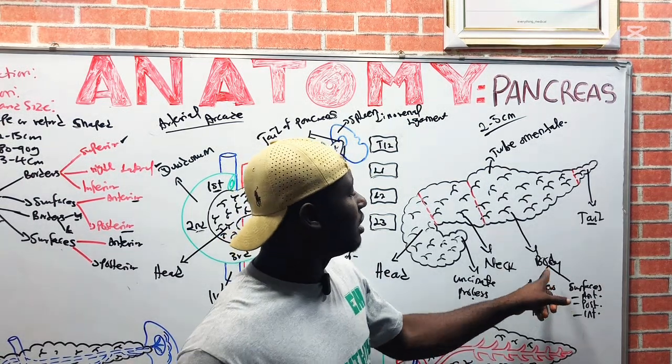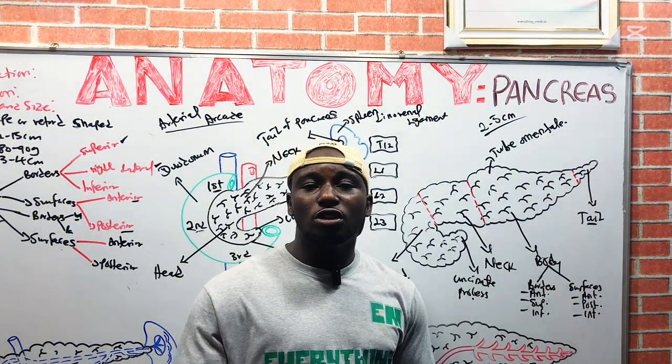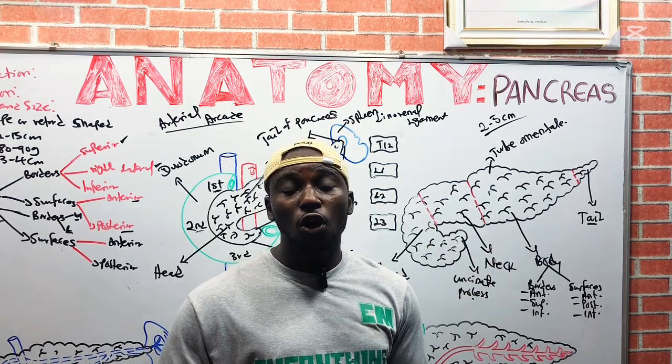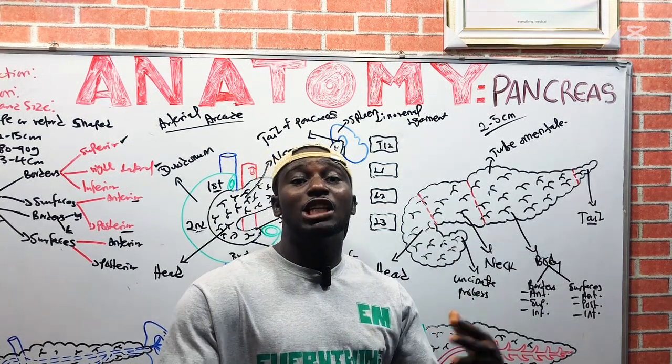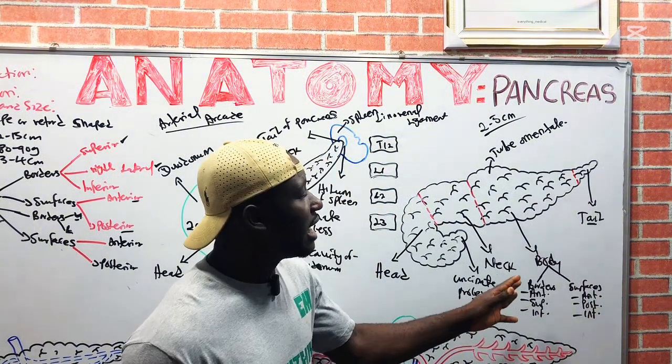However, the body of the pancreas usually lies in front of the vertebral column, just below the Addison's plane or the transpyloric plane of the abdomen. So that is how they have been fashioned.